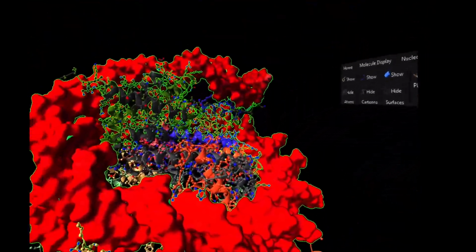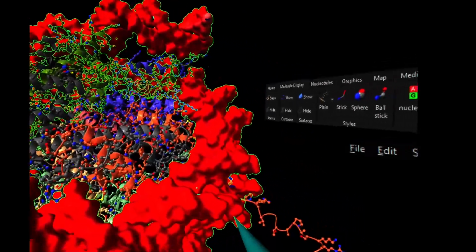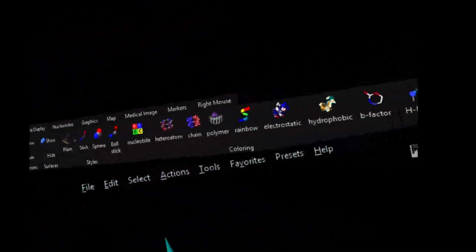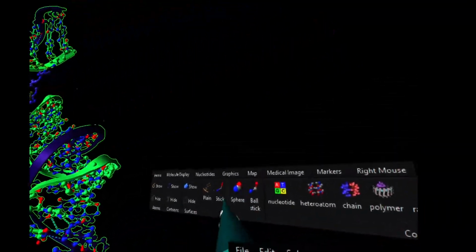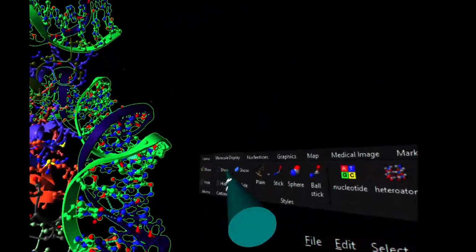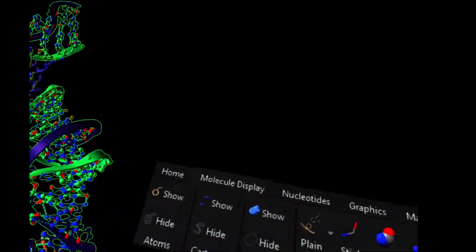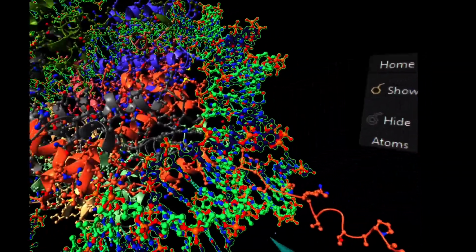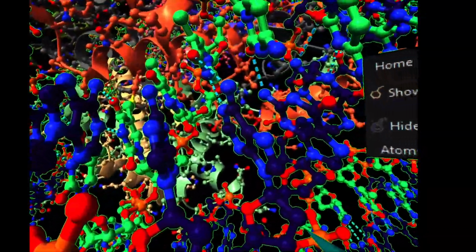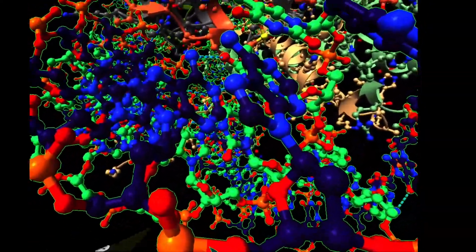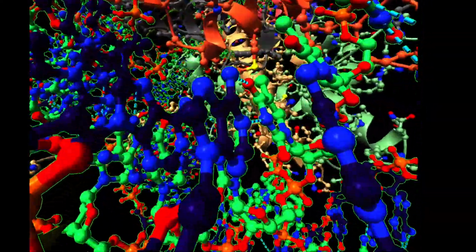If I remove the surface right here, and hide the cartoon, you can see DNA is formed of repeating units, with a phosphodiester bond between each nucleotide, which is bound to a sugar, usually ribose in this case, and a purine or a pyrimidine.